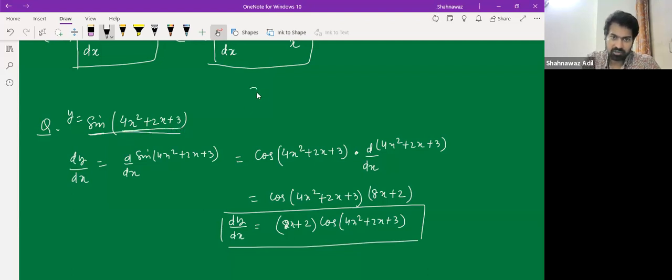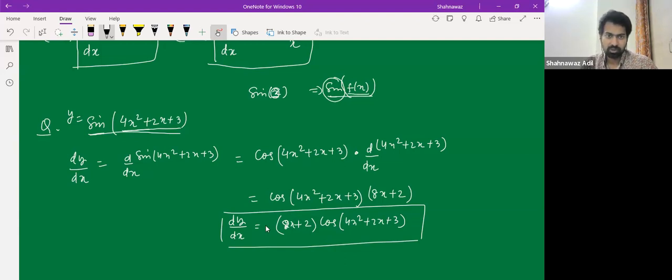In place of sine x, we have a function of x, sine of a function of x, right? So first we do the differentiation of this trigonometric function and then the differentiation of the inside, right?